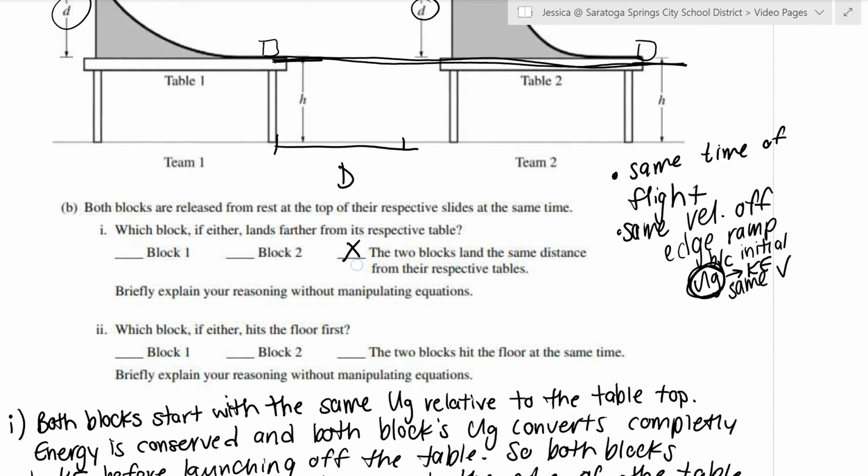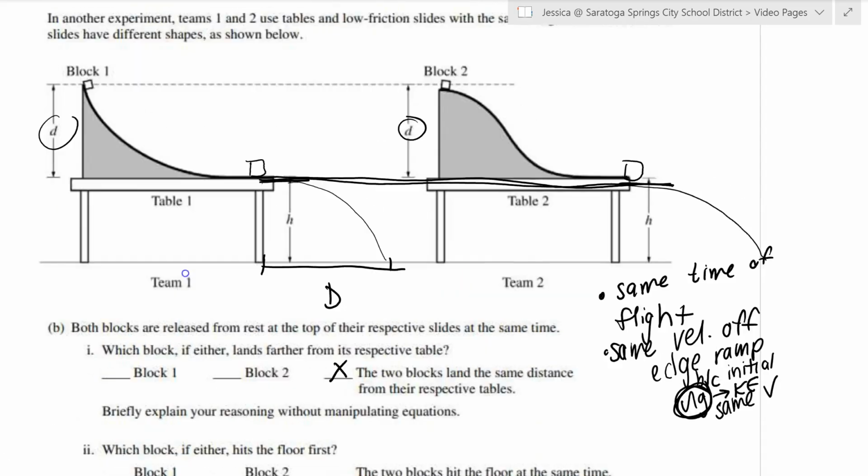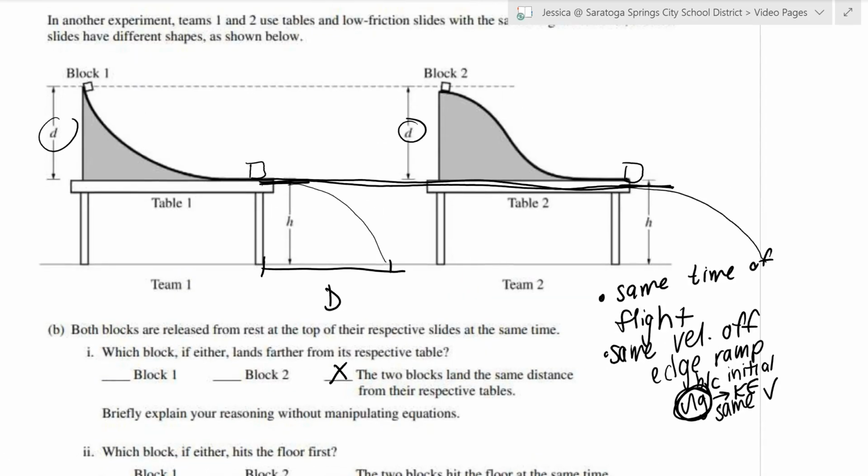Part 2 says which block, if either, hits the floor first. Well, we know the amount of time in the air off the edges of the table is going to be the same. So that part isn't going to really affect which block hits the ground first. So we really need to figure out which block gets to the bottom of the ramp first.